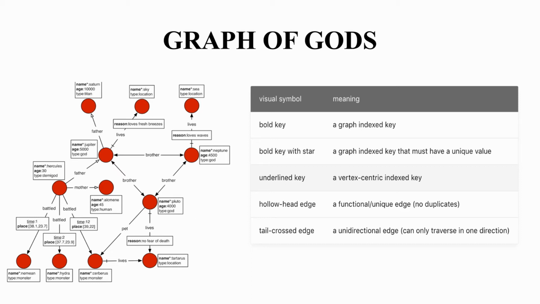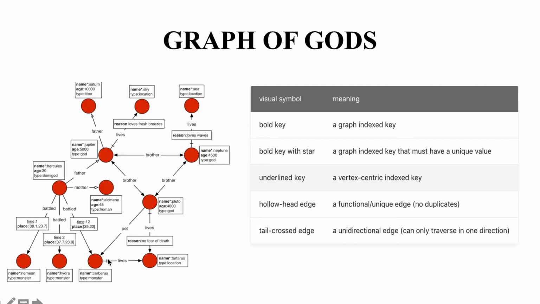Next, at the bottom you can see a variable called time for the Hercules vertex. Here time represents the vertex-centric index key, so it is represented with an underline. Next, there is a hollow edge key, which is nothing but an edge that does not have any duplicates.